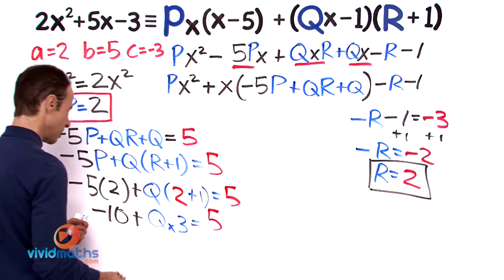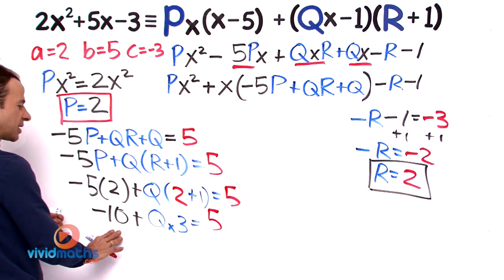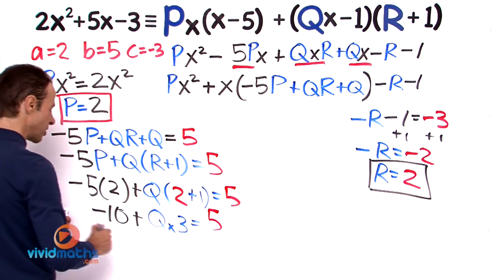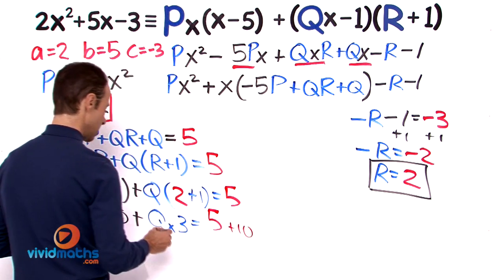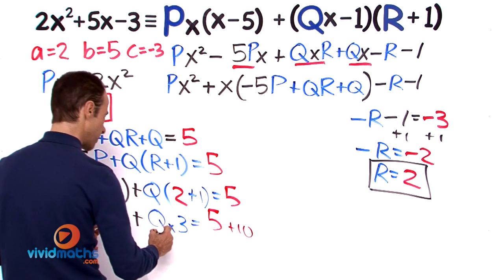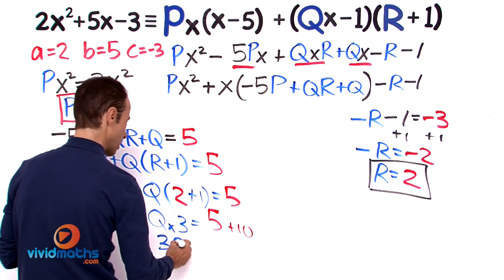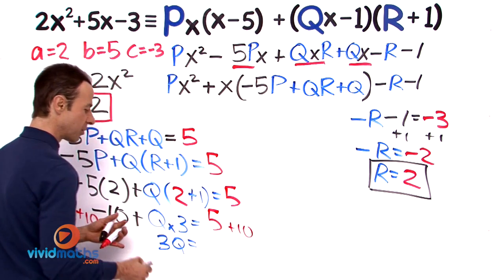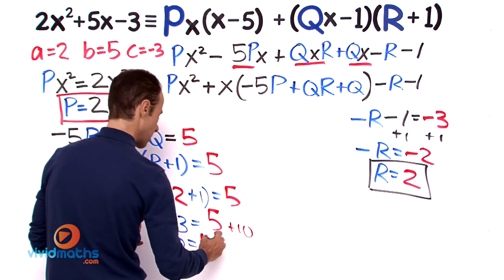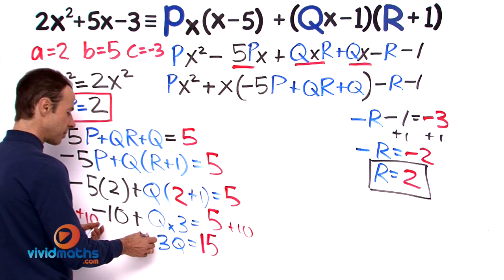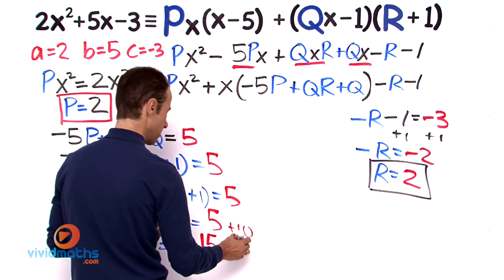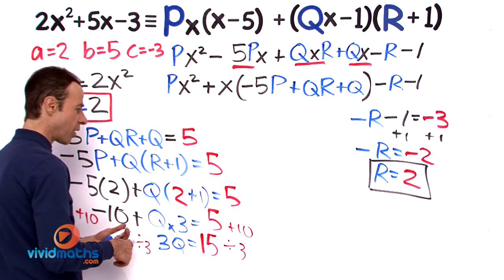This is basic right now. Negative 10 here, so what I'm going to do is add 10 to both sides. So we'll end up with 3q is equal to 5 plus 10, which is 15. Okay, all we have to do is divide both sides by 3. That's going to give us the value of q.